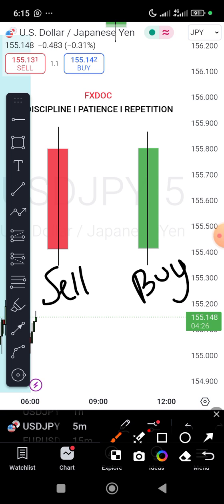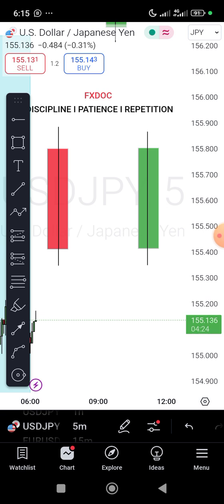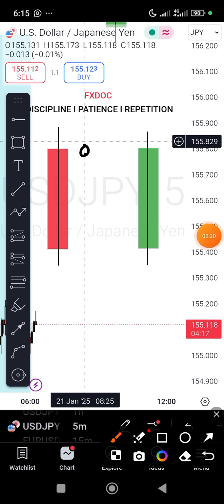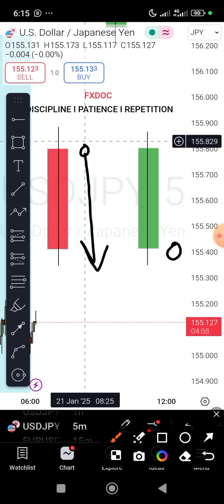In the case of a sell candle, it means that price dropped from up and it went down. In the case of a buy candle, it means that price started down and it closed up.